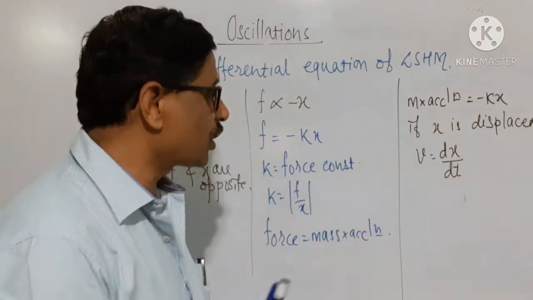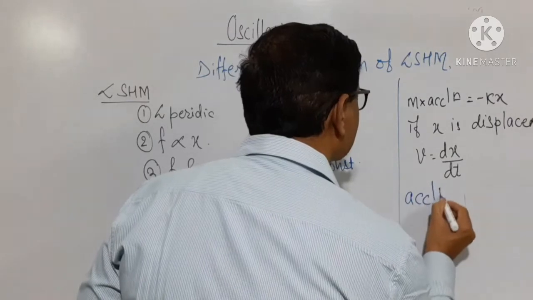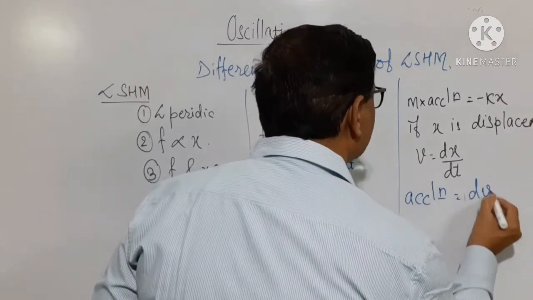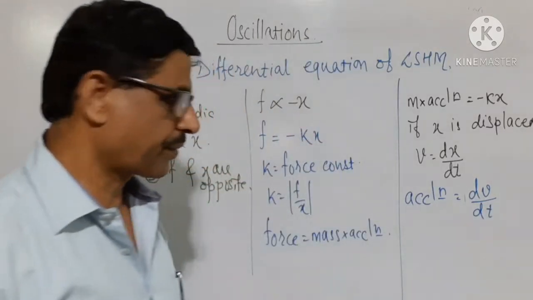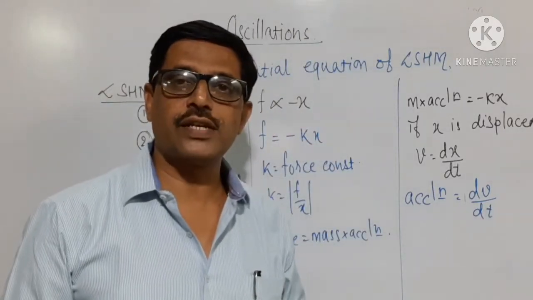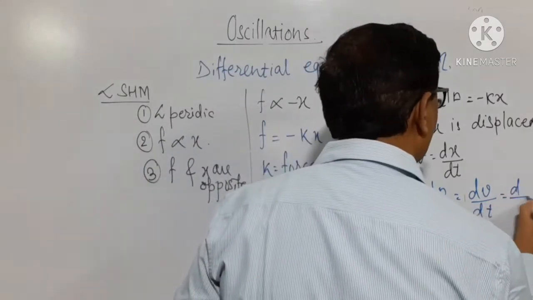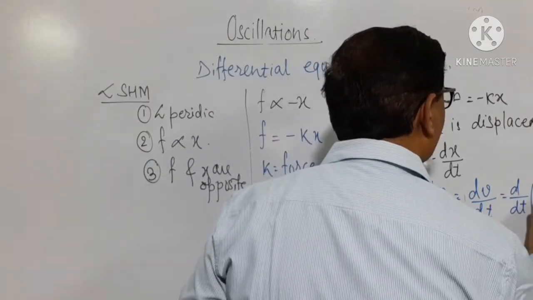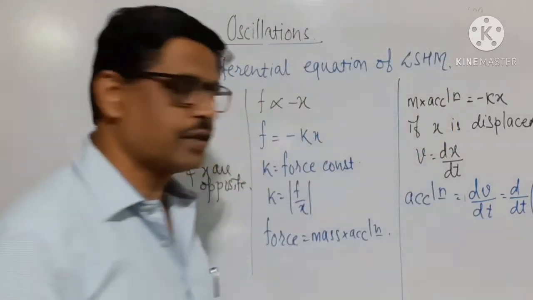If dx by dt is the instantaneous velocity, then acceleration, which is also instantaneous, is dv by dt. Rate of change of velocity is the acceleration, and therefore it should be equal to d by dt of dx by dt, because velocity is dx by dt.